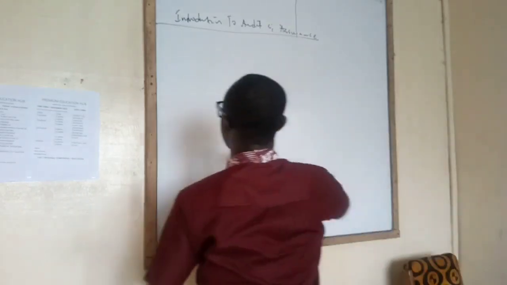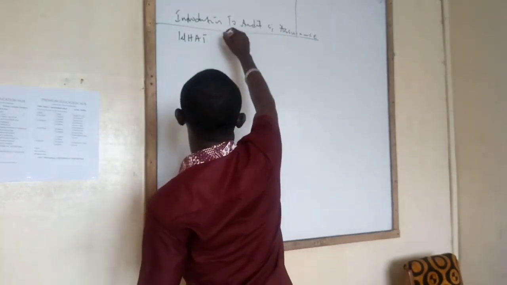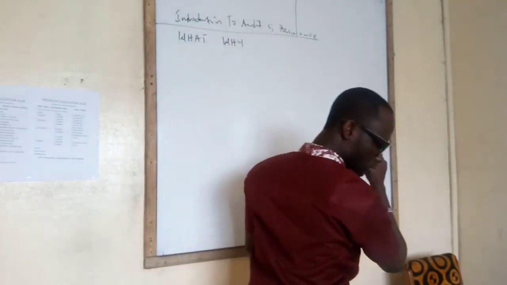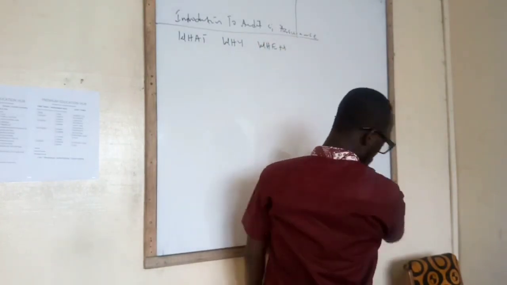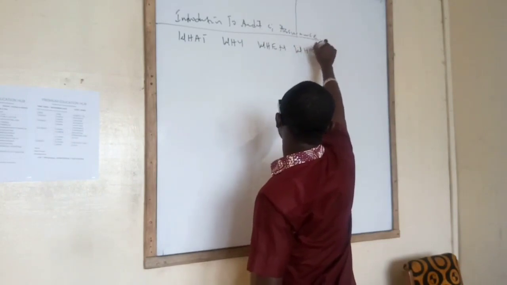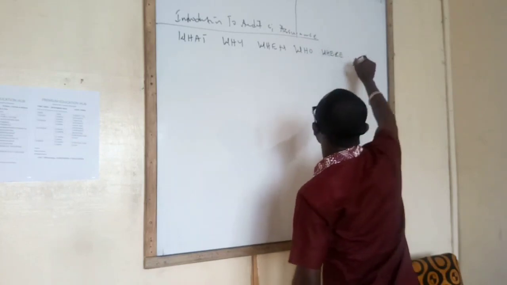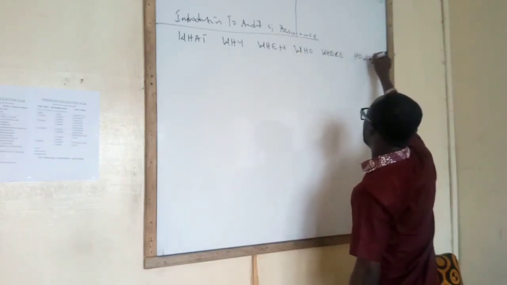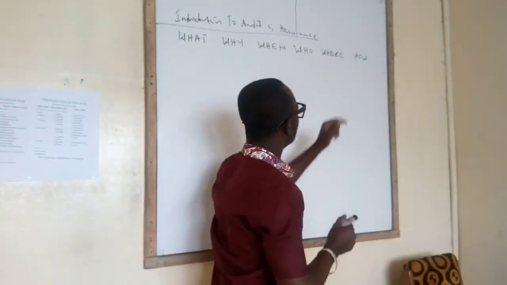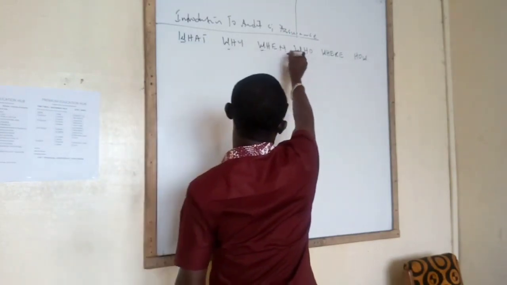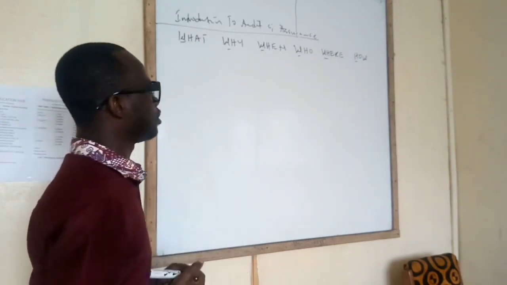So, we will have what is auditing, why do we audit, when do we audit, who does the audit, where the auditor expresses his opinion, and then how the auditor carries out the audit. So these are the 5 W's and 1 H that we'll be focusing on as we look at the introduction to audit and assurance.